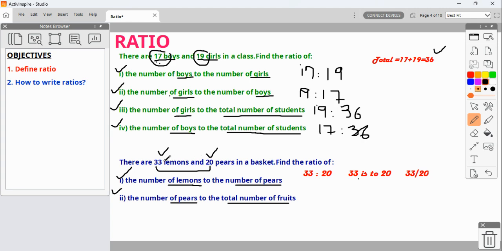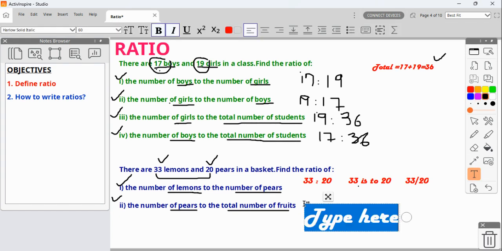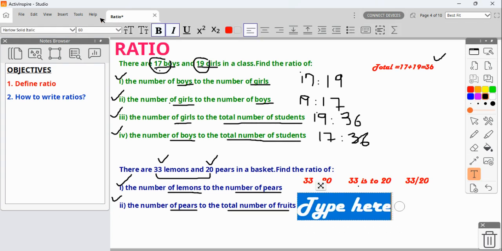So the total of 33 and 20 will be 53. The first quantity we have to write is pears, that is the quantity of pears, 20. There are 20 pears, then it will be 20 ratio. The total number of fruits is 53.